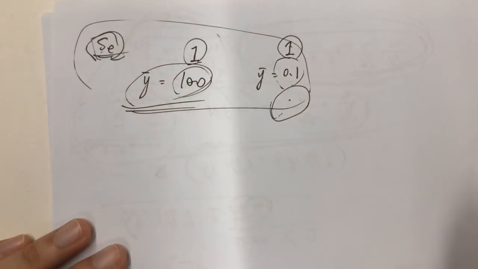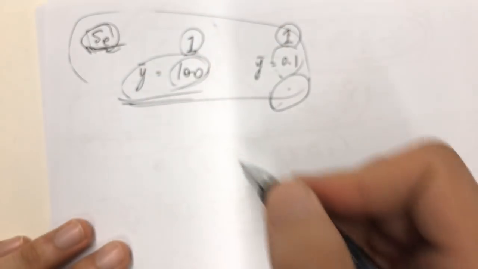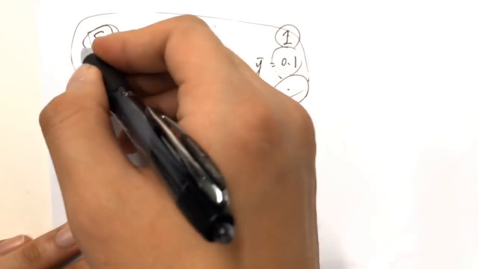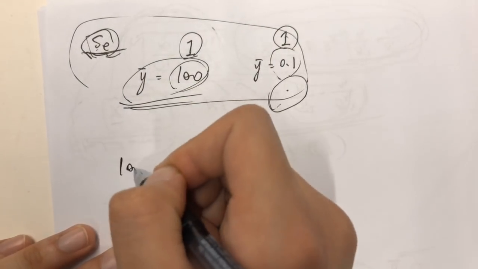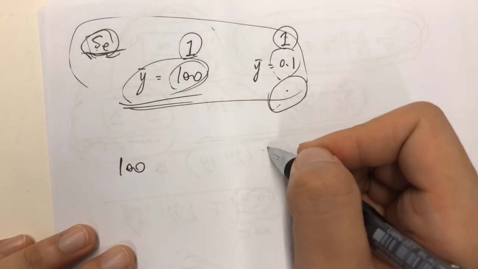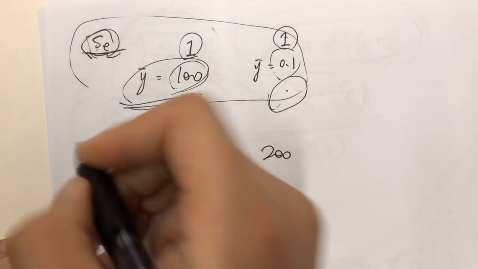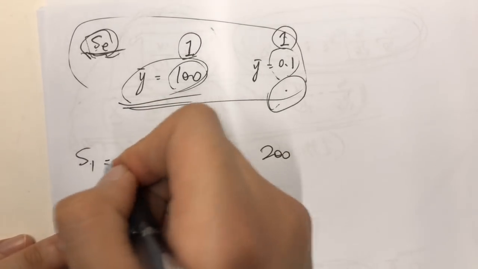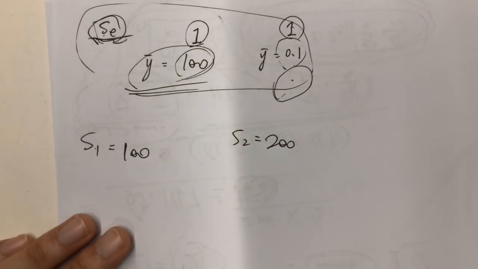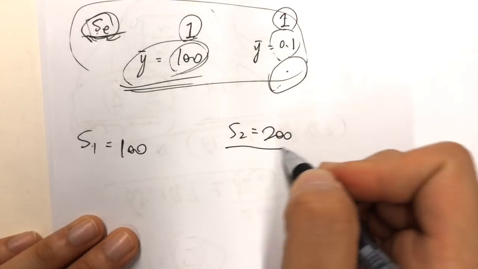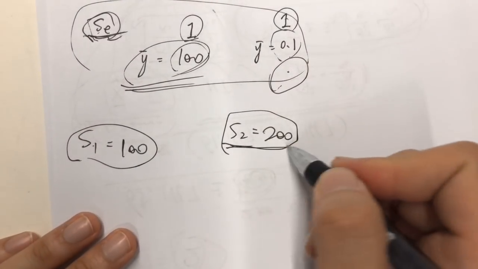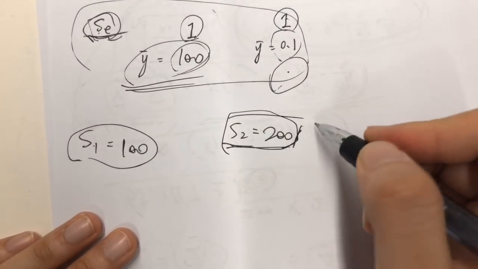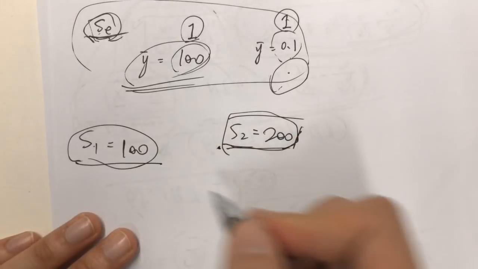Just like when you want to compare, for example, the standard deviations of two groups. One group is 100 and the other group is 200. I mean the standard deviation: S1 is 100, S2 is 200. Can we say that the second group has more variation, more spread out, or more deviation from the first group?